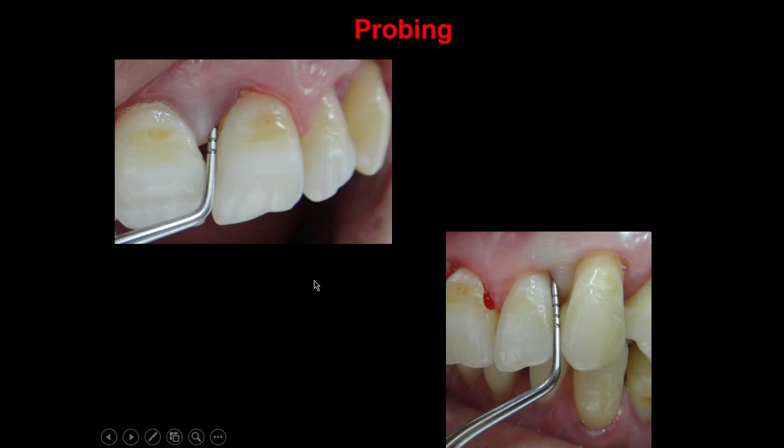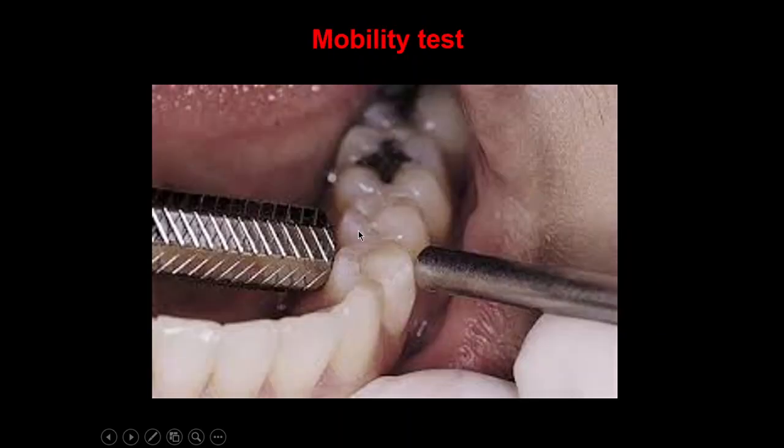We record 3 readings from each surface and 6 readings for the tooth: 3 readings on each surface, at the mesial, the middle and the distal. At the middle recording, we take the mean, the most depth here, and the same at the lingual side.